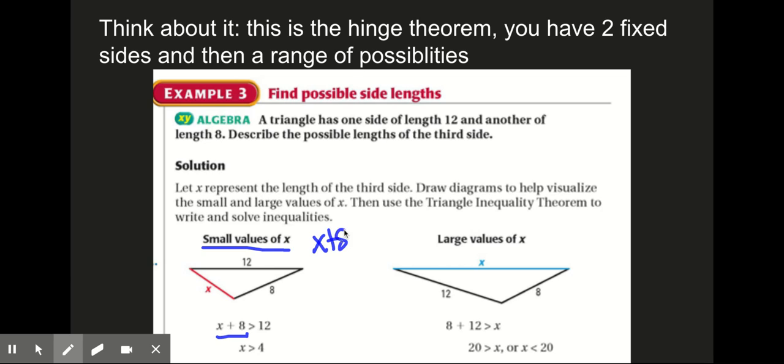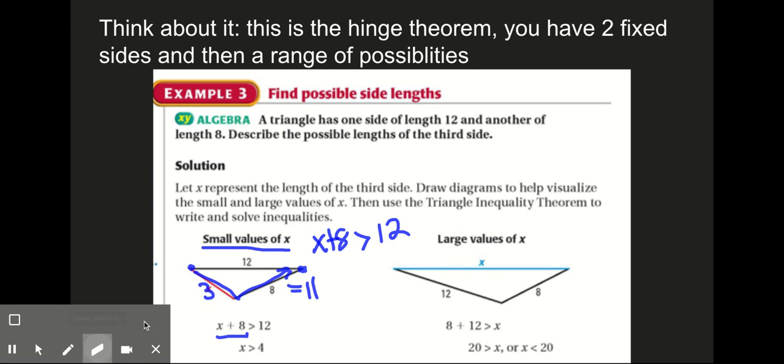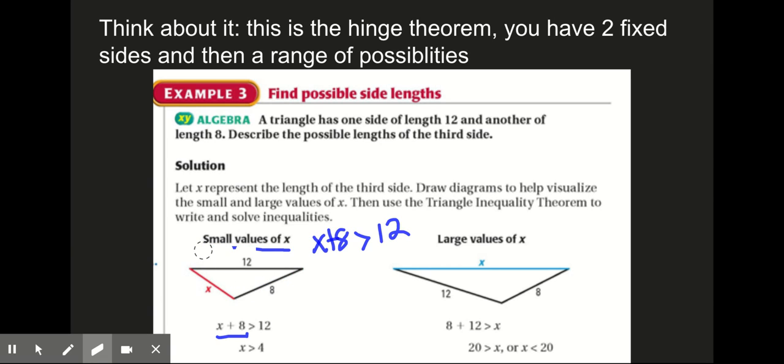X plus 8 still needs to be bigger than 12 because 12 needs to be the shortest possible distance here. The second that x becomes something like 3, plus 8 is 11, and that would imply that it's shorter to go this way than directly between the 2 points, which, as we discussed, is definitely not true. And therefore, I could just subtract 8 from both sides. All right, x needs to be bigger than 4.